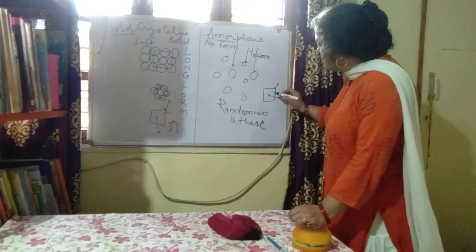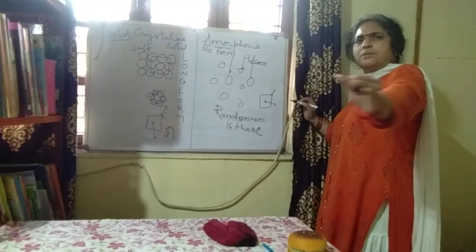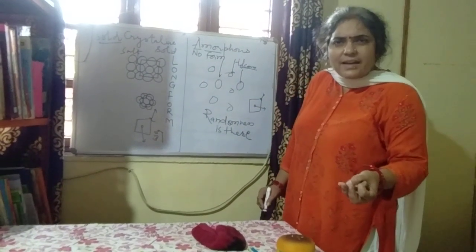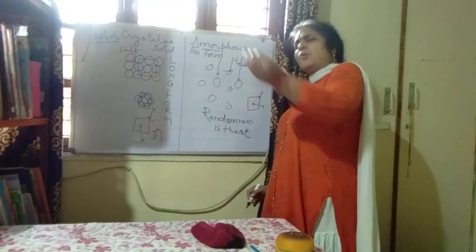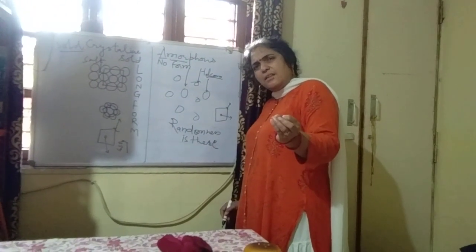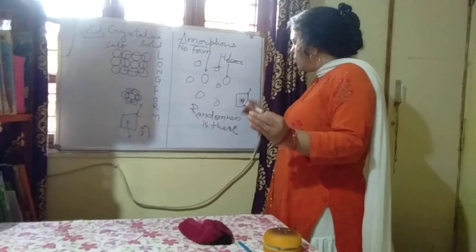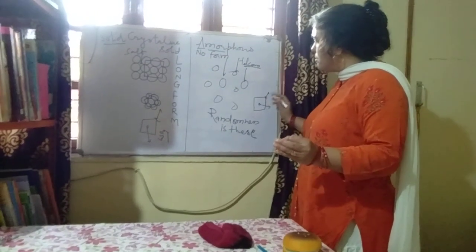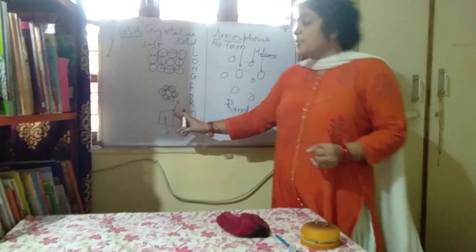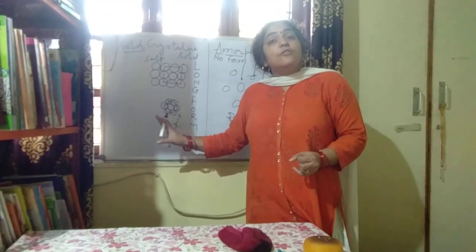We observe that all the properties, either it may be density, refractive index, or any other property, physical, chemical, okay? So all the properties will be the same here in case of amorphous, but here properties will be altogether different.